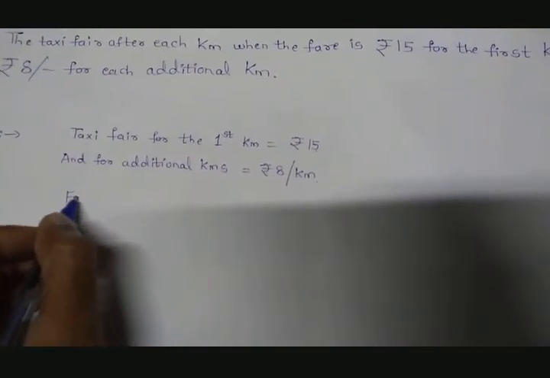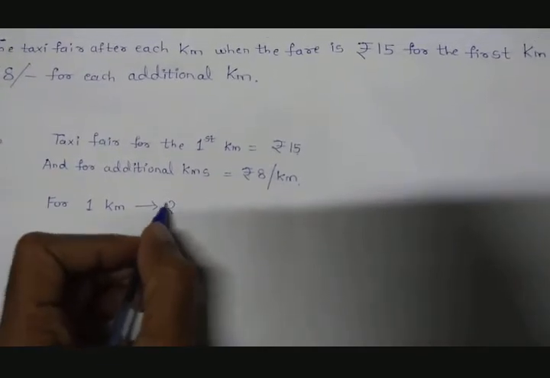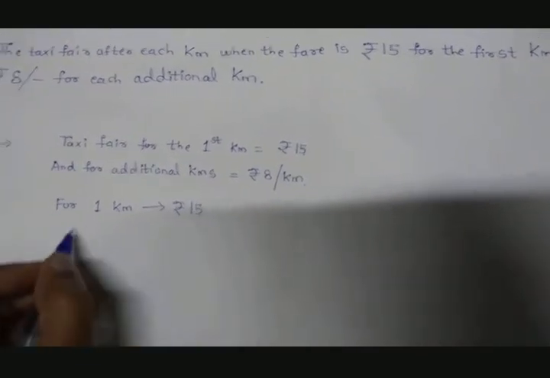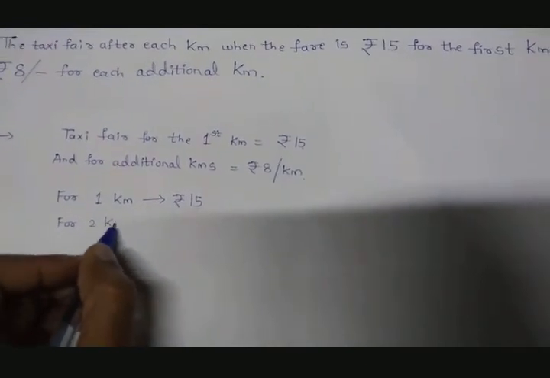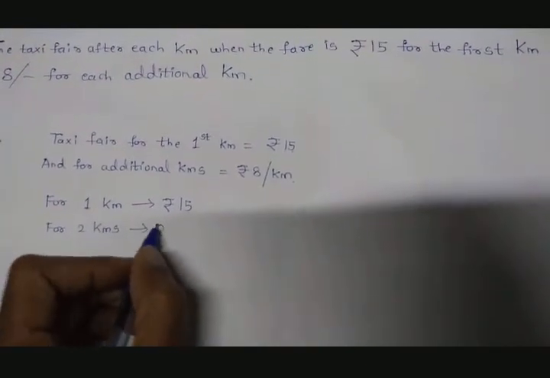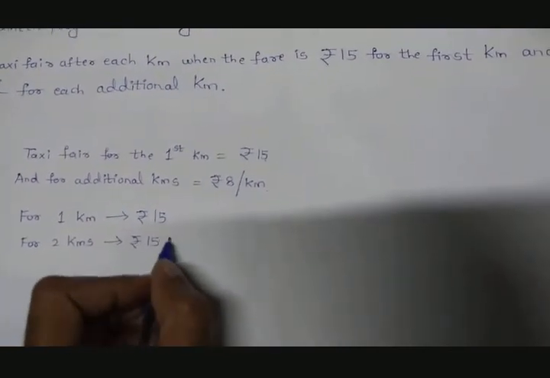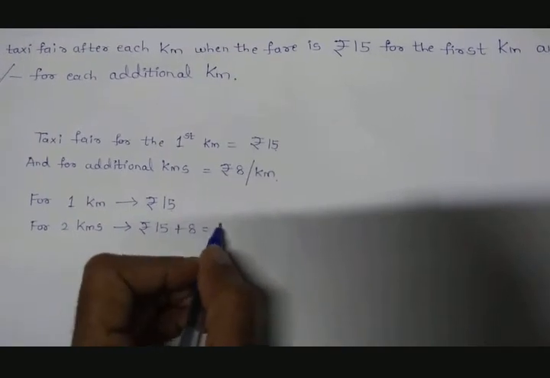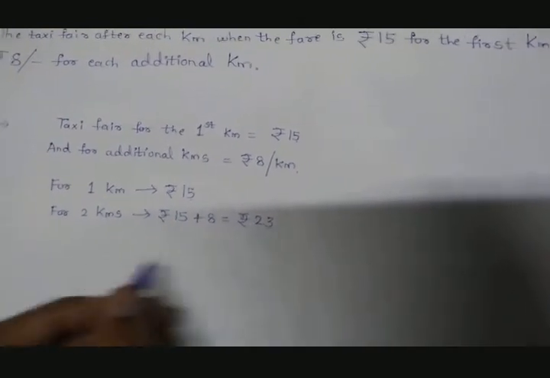So for 1 kilometer the taxi fare is rupees 15, and now for 2 kilometers, rupees 15, and we know that for the additional kilometer it is rupees 8 per kilometer. So 15 plus 8, which is equal to 23.